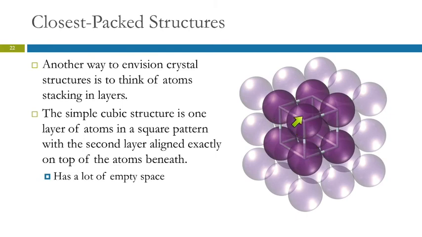So this atom in this layer is directly above the atom below. Now, if you play around with some marbles in a little box or oranges or something, that's not what they're going to naturally do, right? Because these are going to want to fall down into the divot caused by the others in the bottom layer. But the simple cubic cell, they are on top of each other. There's a lot of empty space in this structure.